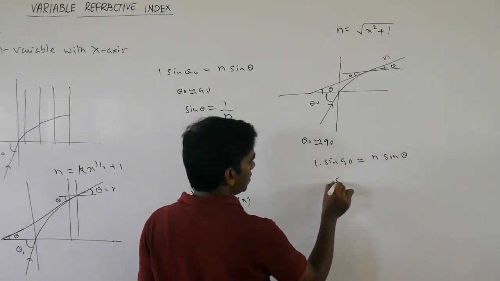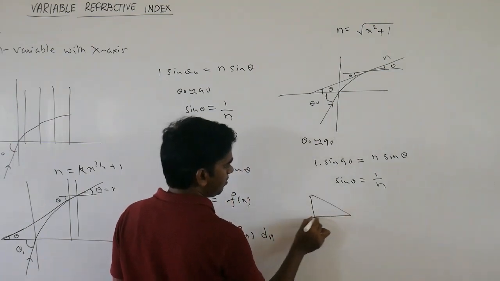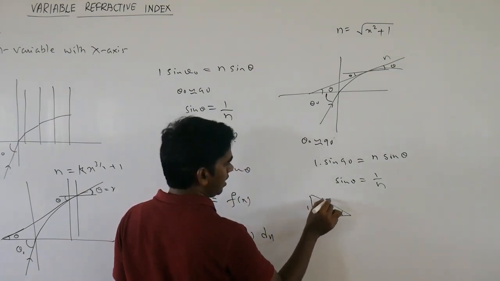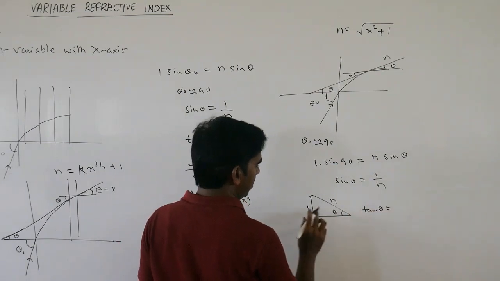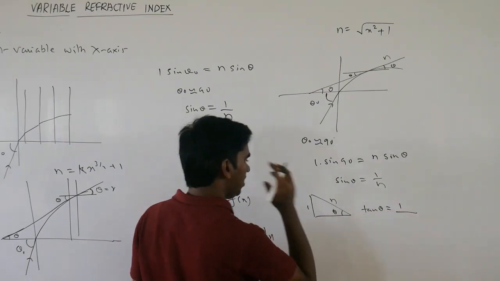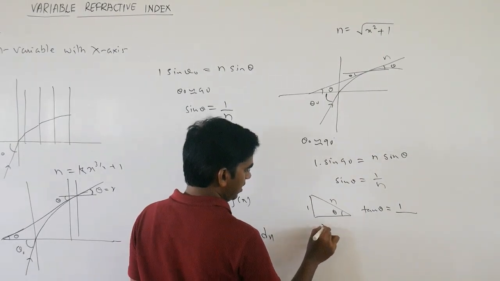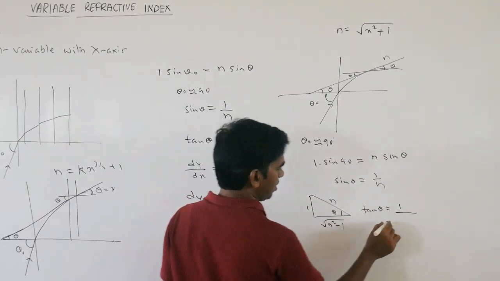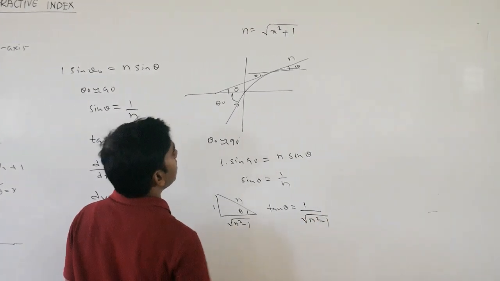Okay, so sin theta equals 1 by n. If sin theta is 1 by n, what is tan theta? Tan theta is opposite divided by adjacent. What is the adjacent here? Adjacent is root of n square minus 1.